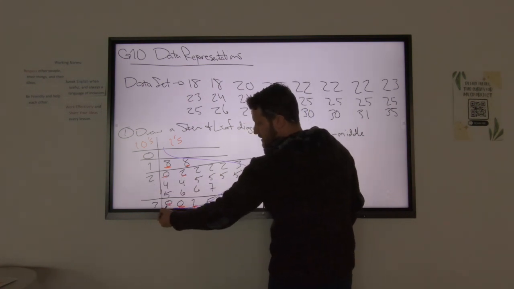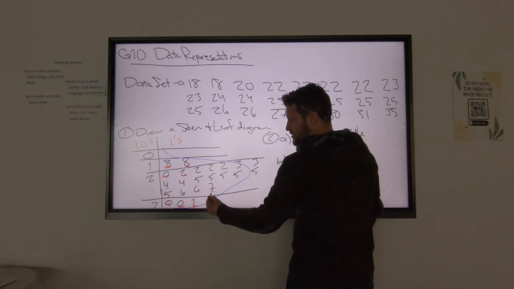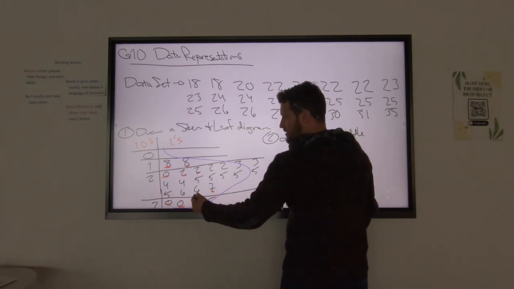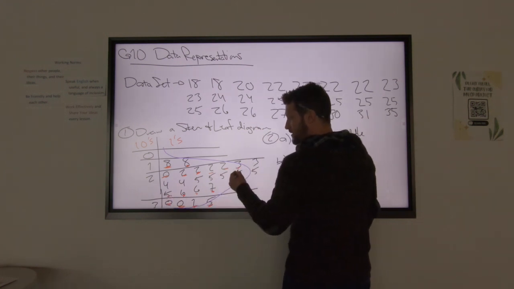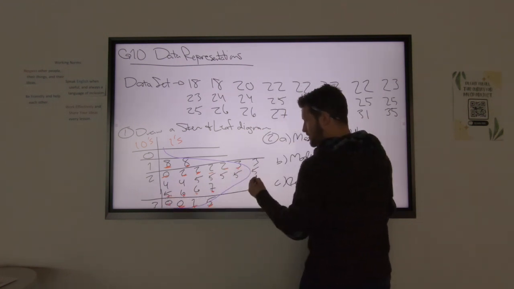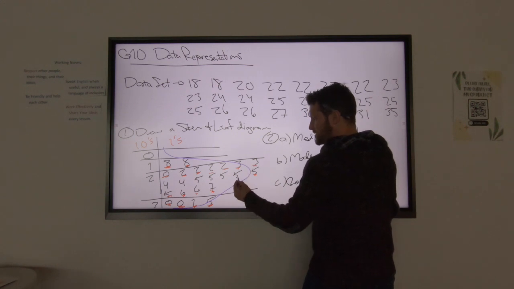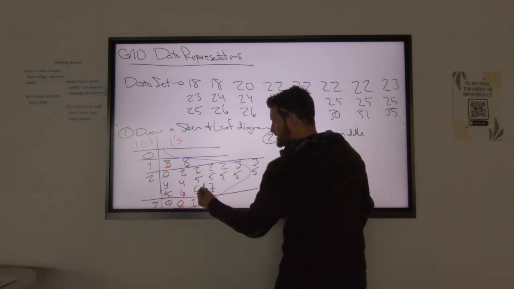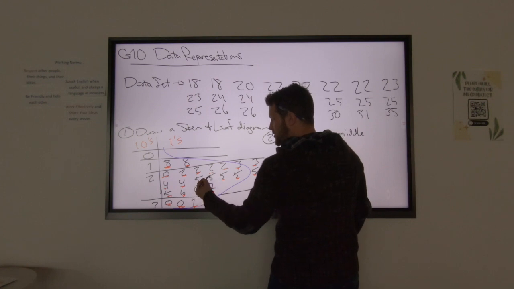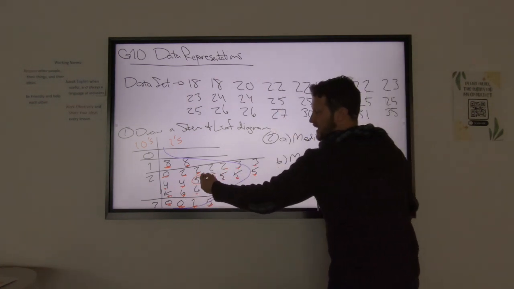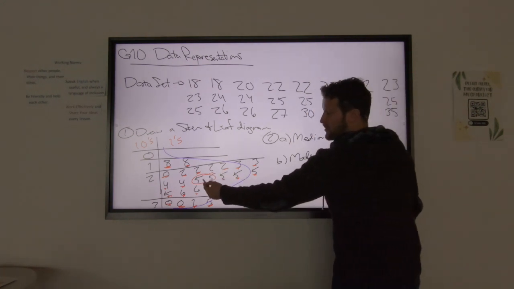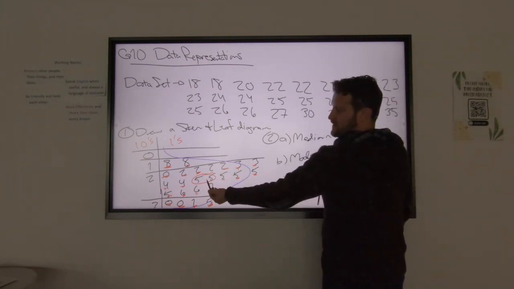The next below 30 is 27, so 27 and 22 cancel, 26 and 22, 26 and 22, 25 and 23, 25 and 23, 25 and 24, and we end up with 25. Those are in the middle. There are two data points in the middle that are both 25, so the median is clearly 25.